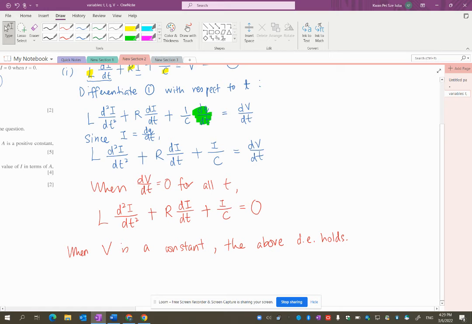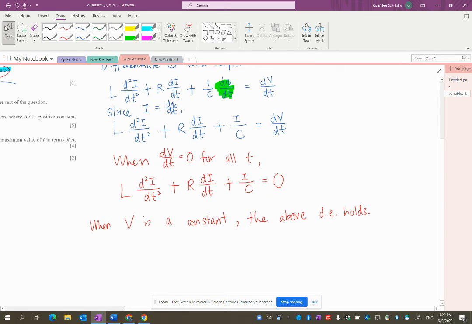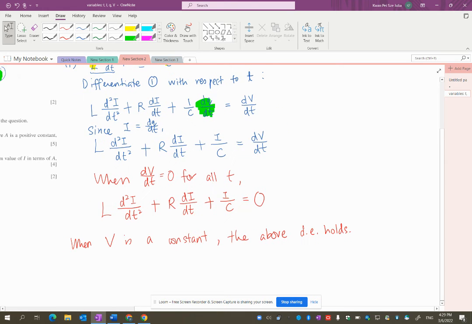Some of y'all may have other answers like, can you say when v is maximum or minimum or even 0? How about these answers? Are these correct? Now, take note that dv dt is 0 for all t.